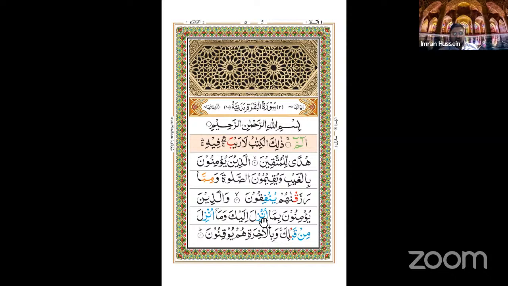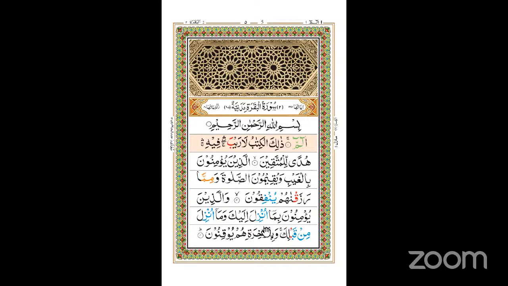Is it a 4-letter verb or a 3-letter verb? That's what I'm asking. It is from Nazala, but it is like Unzila, Nunzila. No, that's wrong. It's a 4-letter verb. I haven't done this, so I'm not going to ask you this. Okay, let's see this one here.